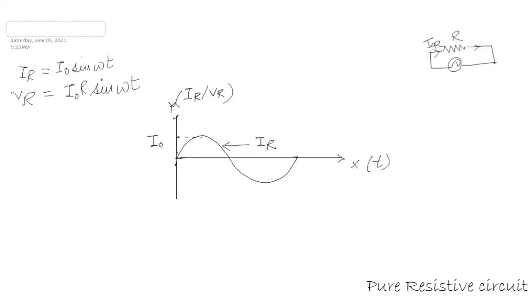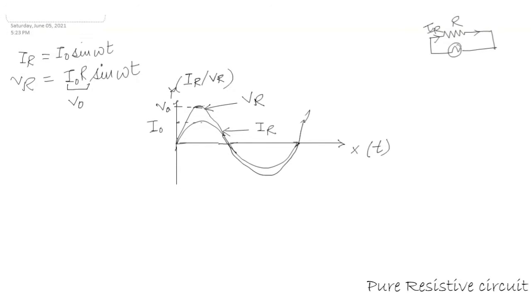Its maximum value will be more than this, but the graph will be of similar nature as IR. This is the graph of VR, and the maximum value is V naught, where V naught equals I naught into R. So this is the graph of IR and VR.